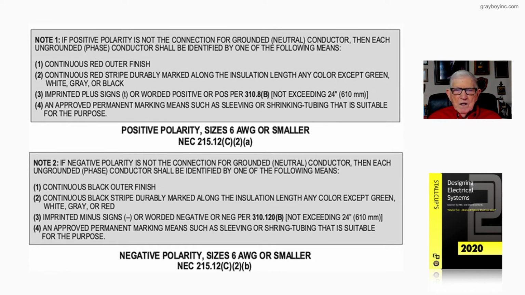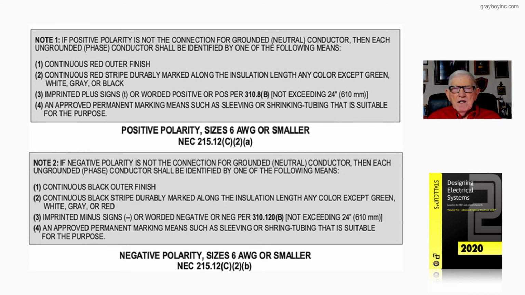And so now we've just looked at positive polarity, sizes number 6 or smaller, 215.12 C2A, and negative polarity, sizes number 6 AWG or smaller, in accordance with 215.12 C2B.